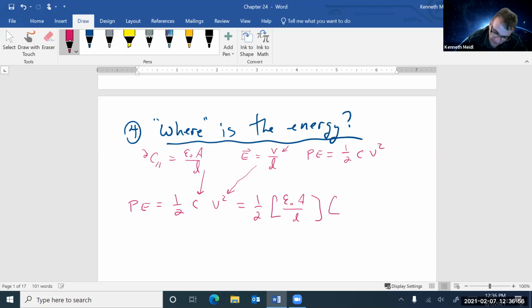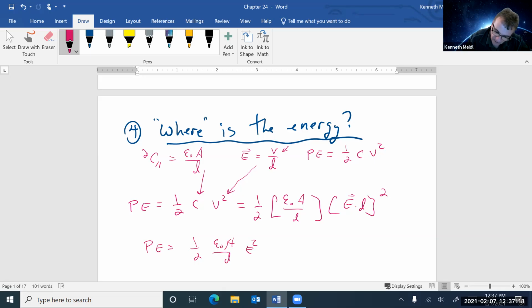And so what I get here is E times D, and there's a square on that. Let me take a look and see what's left over when we do this. There's a 1/2. You're going to have epsilon 0, A, and D, so not much happens there.